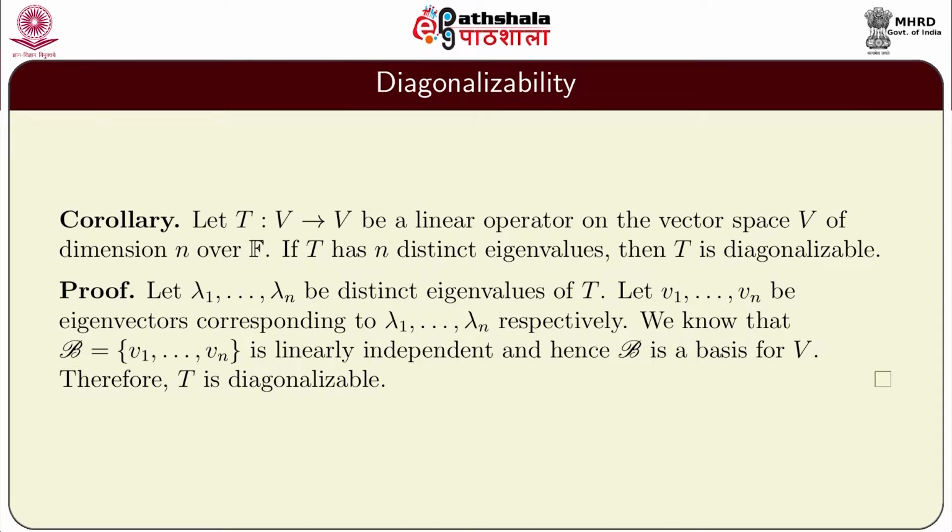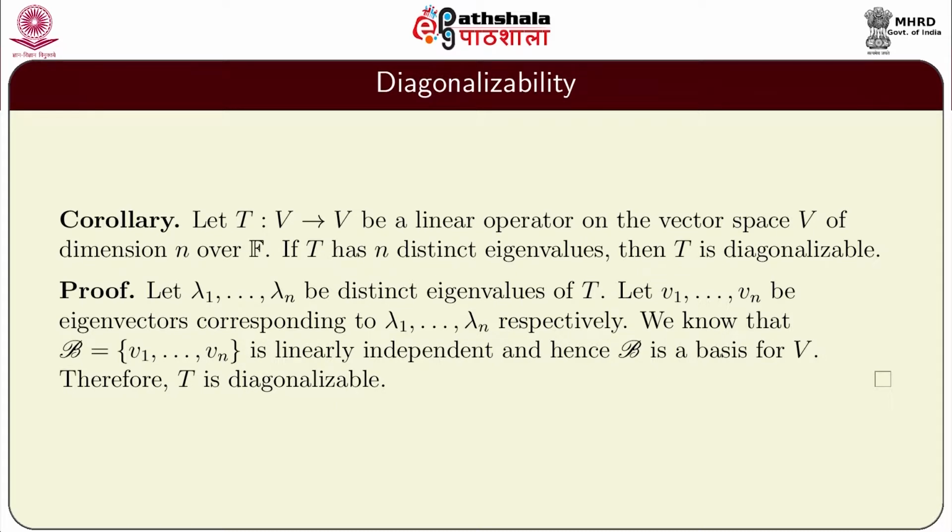The proof is simple enough. Suppose that lambda_1 etcetera up to lambda_n are distinct eigenvalues of T. If v_1, v_2 etcetera up to v_n are eigenvectors corresponding to lambda_1, lambda_2 up to lambda_n respectively, then we know that v_1, v_2, v_n are linearly independent by the previous theorem.